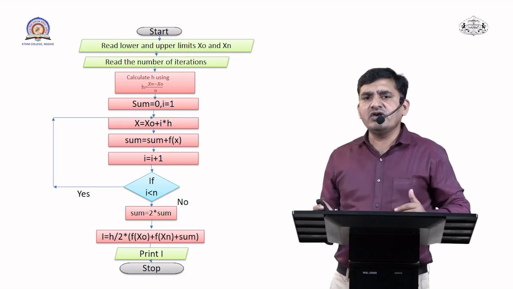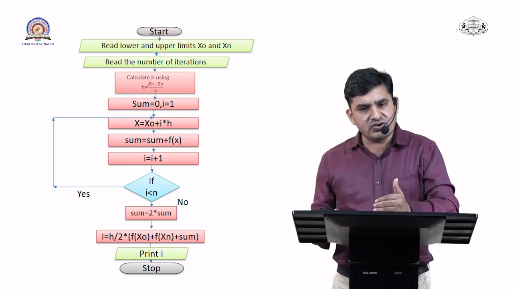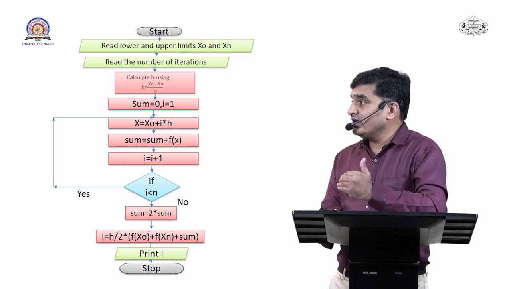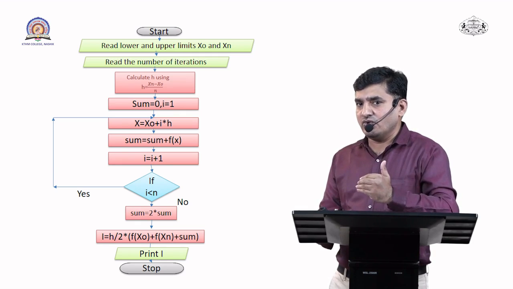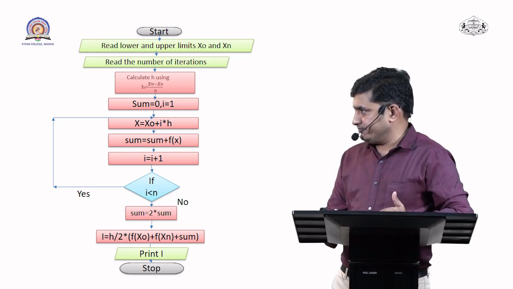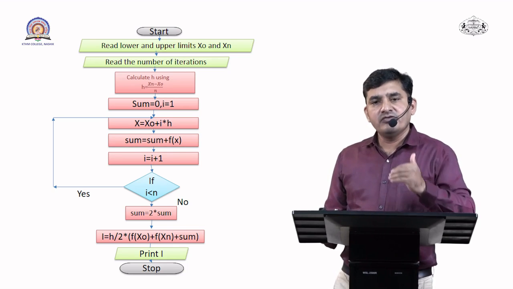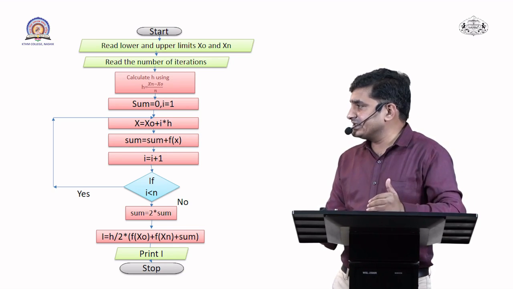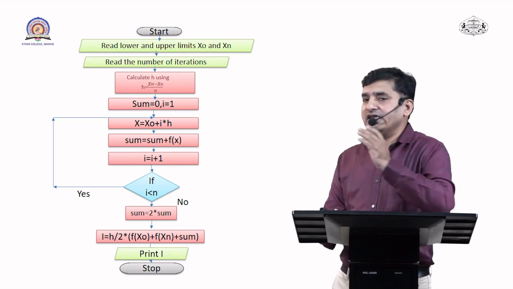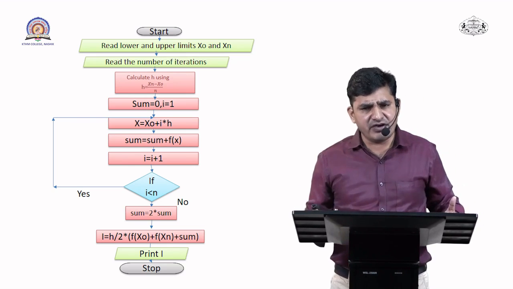Now sum is equal to sum plus f of x. Sum is equal to 0, 0 plus f of x. When x is equal to 0, then it is f of x0, for the first value. For the nth value, yn is equal to f of xn. Then i is incremented by 1.